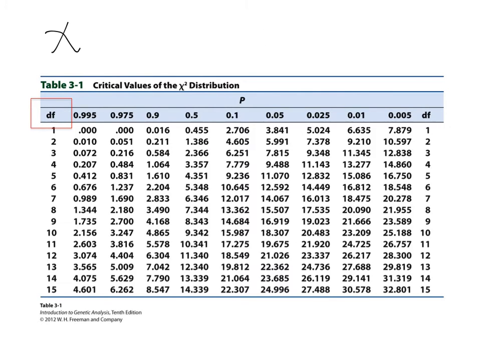So with a chi-squared value of 0.45 and degrees of freedom equals 1, now we're ready to figure out whether or not Mendel's observed data are similar or different from his expectation of a 3-to-1 ratio. So you'll notice this red box in the left column, labeled DF, is where you select the numbers of degrees of freedom.